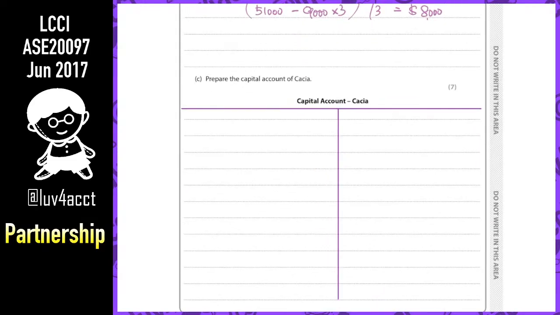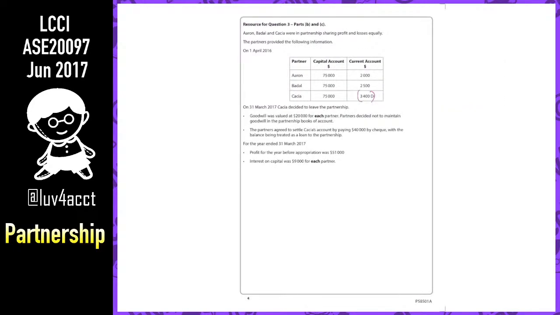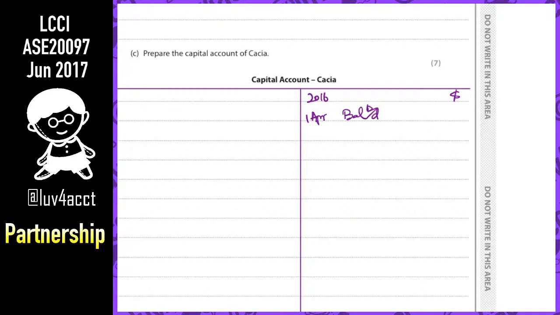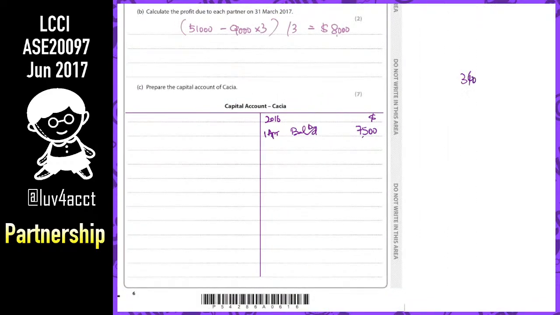Okay, so Cassia, 1st of April 2016, you have the opening balance 75,000, and then you have a current account of 3,400 negative. You have your interest and your share of profit.